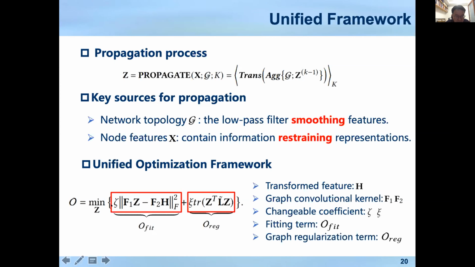With this unified framework, we can interpret the existing GNN, and we also can design new GNN through denoting the graph convolutional kernel or the changeable coefficient.